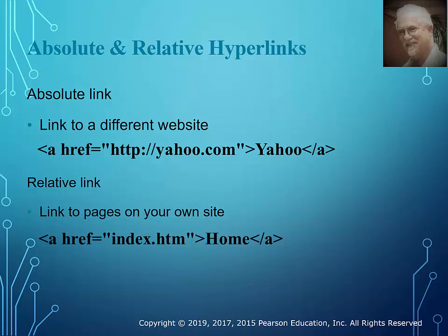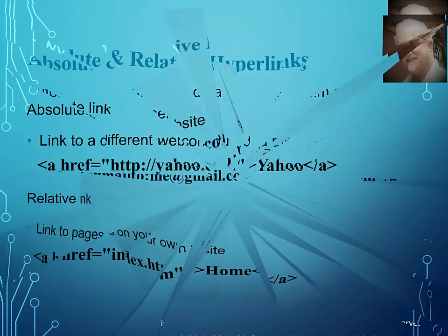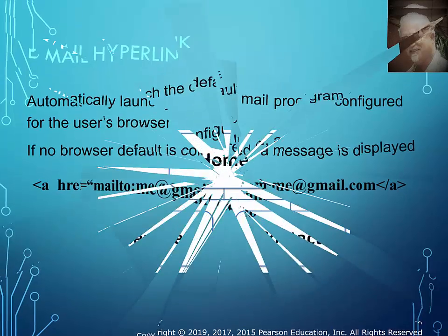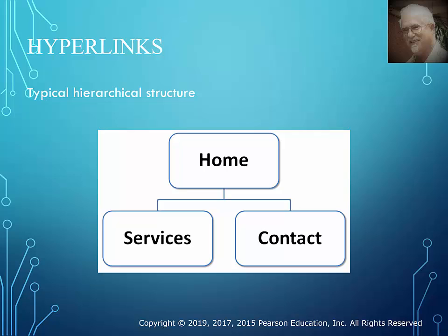In this case, you're saying go out to the internet and find yahoo.com. You see the anchor, it's the end of the anchor, so it is a container. So a relative link could be something that's on your own website. So it doesn't really need to go HTTP, it doesn't go outside, it stays inside. And of course, I mentioned before, you have an email link. Notice the syntax is a little bit different. It's a href equals, quote, mailto, colon, so there's no forward slashes.